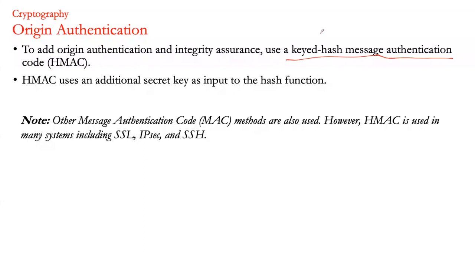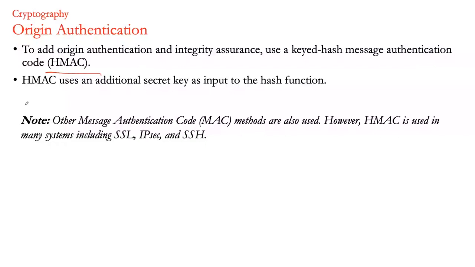That means it uses the hash function as well as a key. When we talk about the key, it leads to a public key infrastructure. So to get data integrity and authenticity, the cryptographic origin authentication method used is HMAC, the hash message authentication code.